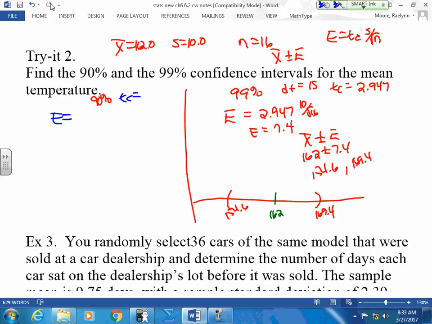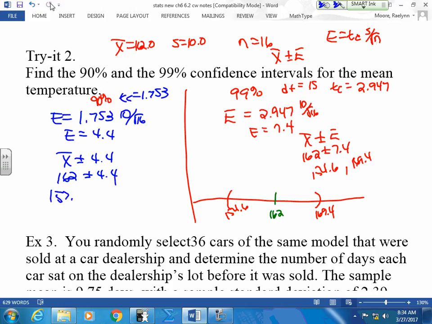Tori? 1.753 times my standard deviation divided by the square root of n. What's your margin of error? Okay, we come out with 157.6 to 166.4.